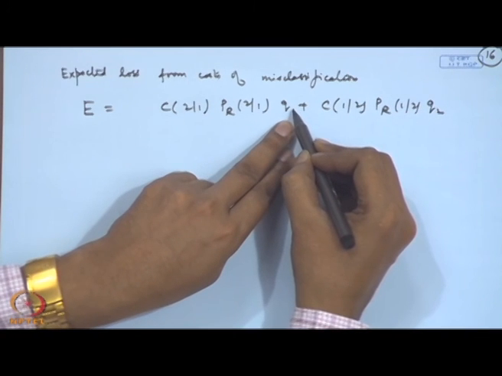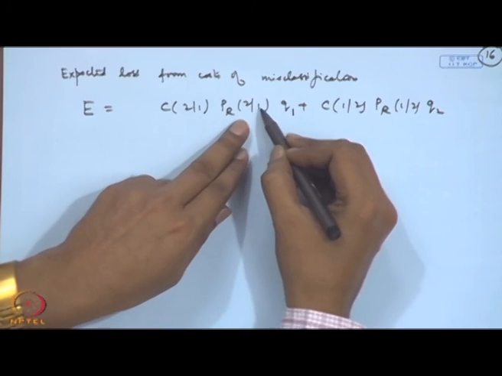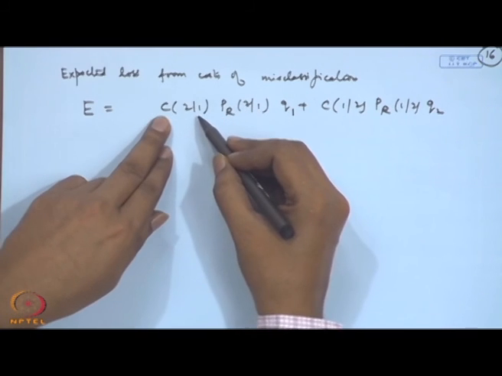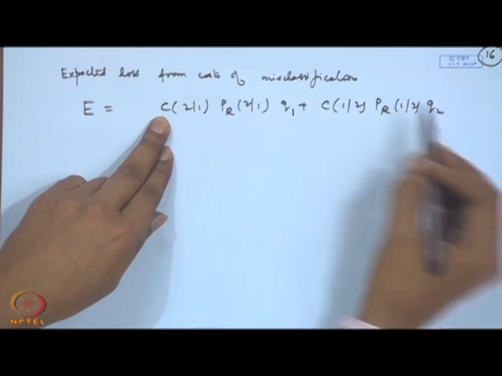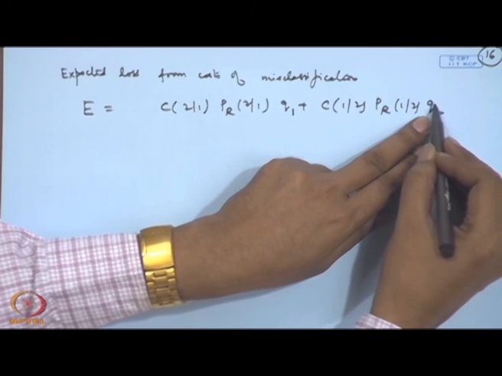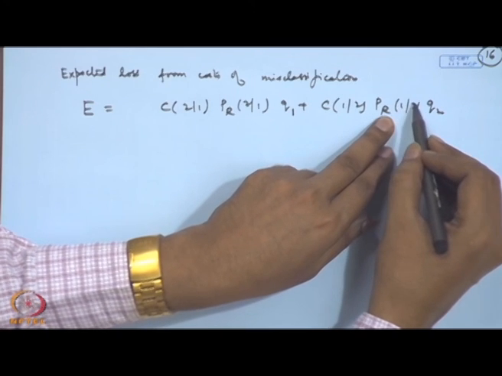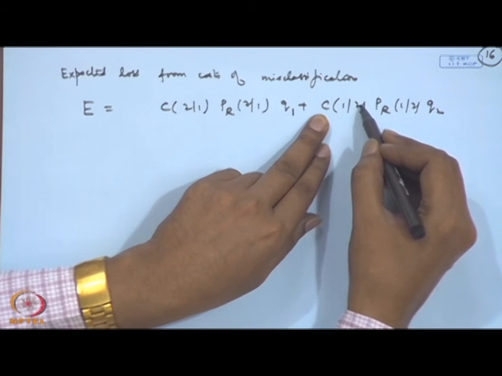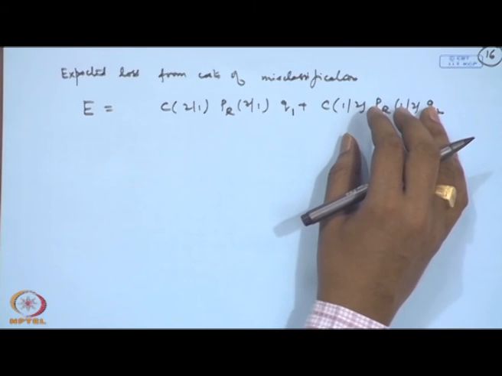If the observation is from 1, the prior probability of population 1 is q 1, and we are incorrectly classifying it into 2. So, the probability is this, and we also incur a cost C 2 1 of misclassification. Similarly, if the population is actually 2, then the prior probability is q 2 and we misclassify it as 1. So, the probability of that is P r 1 2, and then the cost of misclassifying an observation from 2 into 1, that is C 1 2. So, this becomes the expected loss.